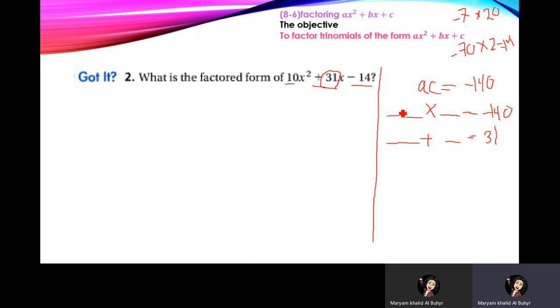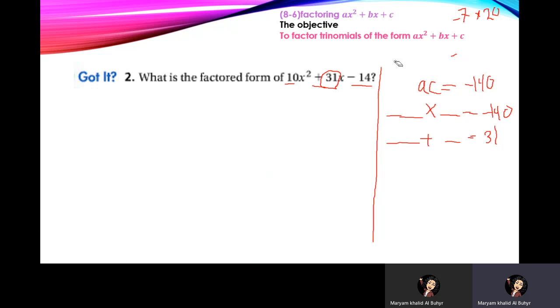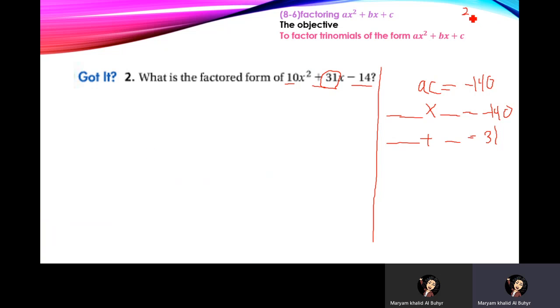So I'm going to think about, can I say this is 35, easier? For sure you have a calculator, I'm pretty sure you will try easier numbers. If you say 35 times 4, will I get 140?